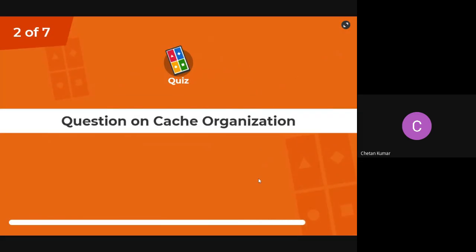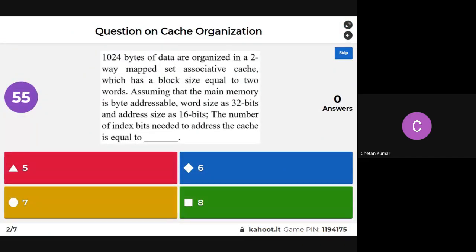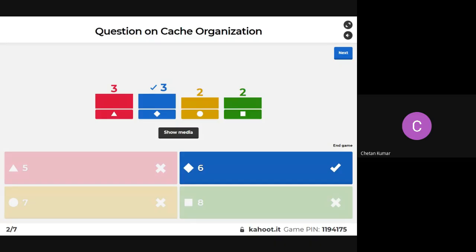This is on cache organization. Again three people answered.